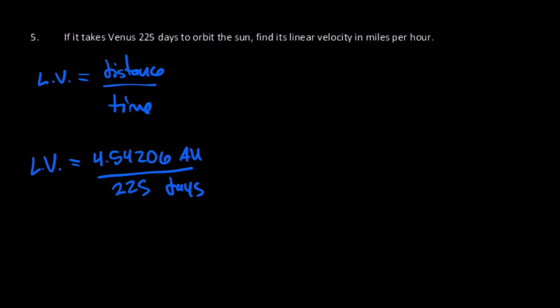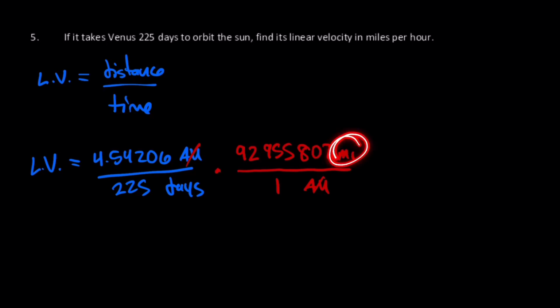First one, how do I go from astronomical units to miles? Well, I need one astronomical unit in the denominator to cancel with that, and I have to go back to that cover page, and 1 AU is 92,955,807 miles. So now I'll have miles in the numerator, which is what I wanted. And then my last conversion factor, I have to convert from days to hours.